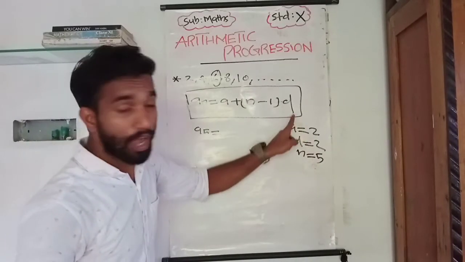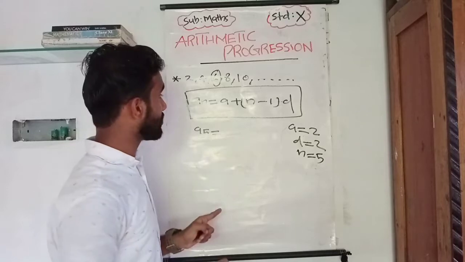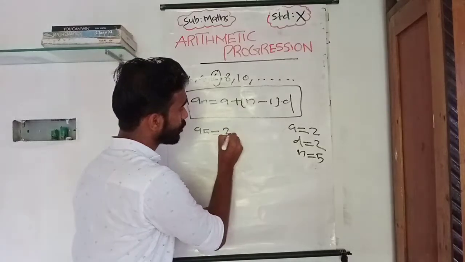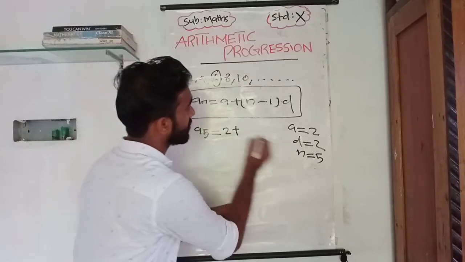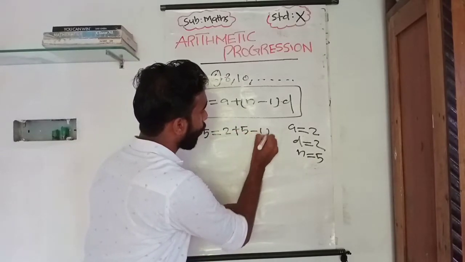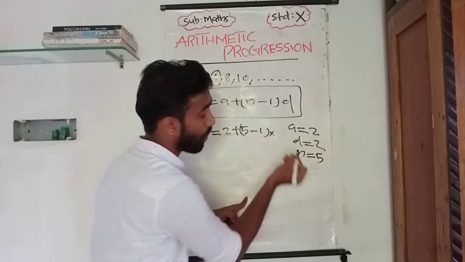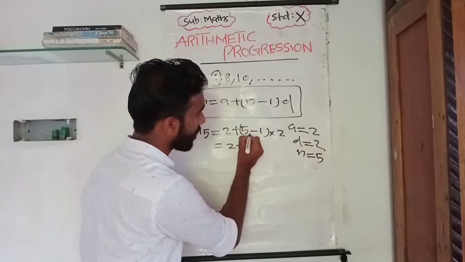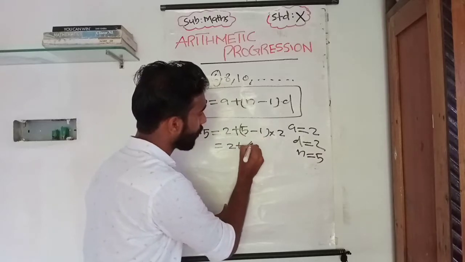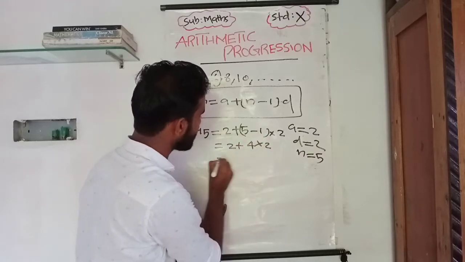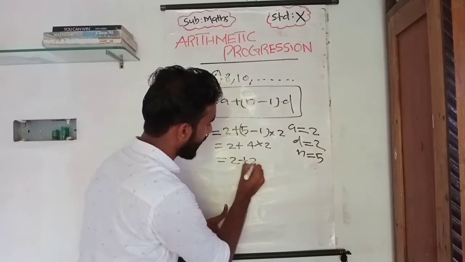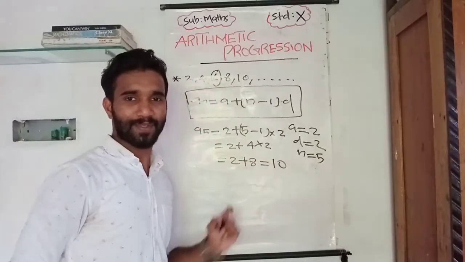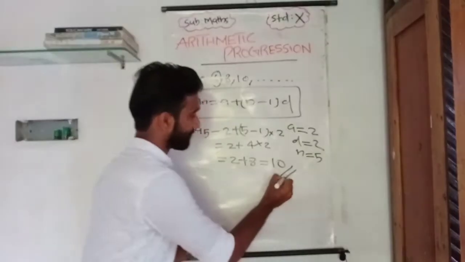So put all these values in this equation: 2 plus 5 minus 1 into d. What is d? 2. So 2 plus 4 into 2, that's equal to 2 plus 8, that's equal to 10. Is it clear? Okay, this is the answer.